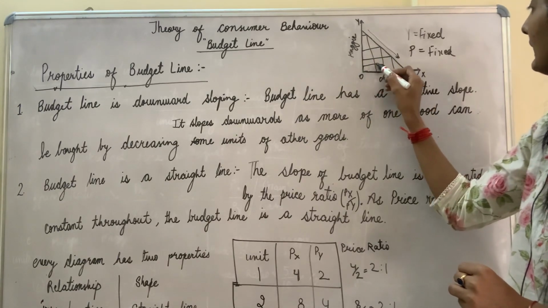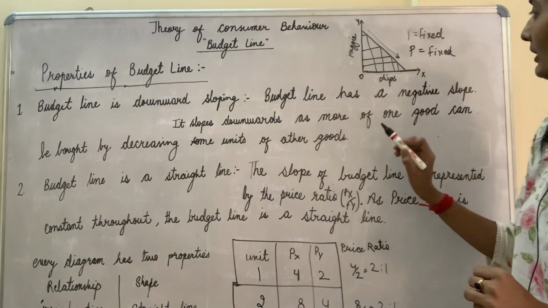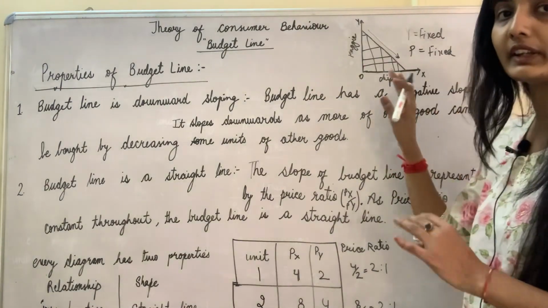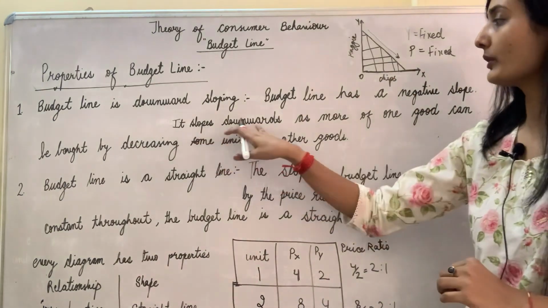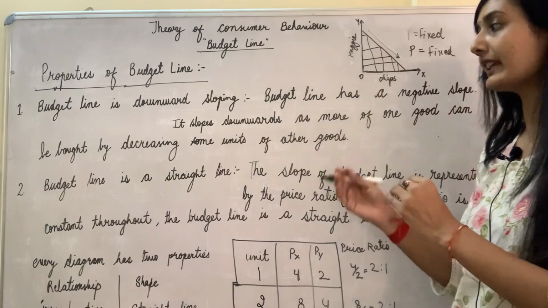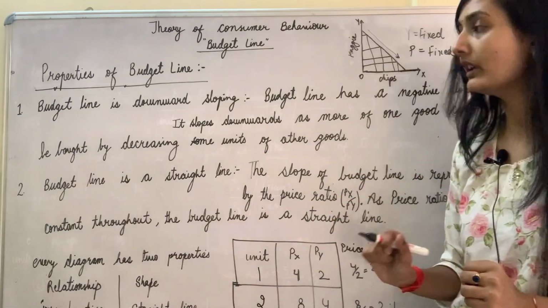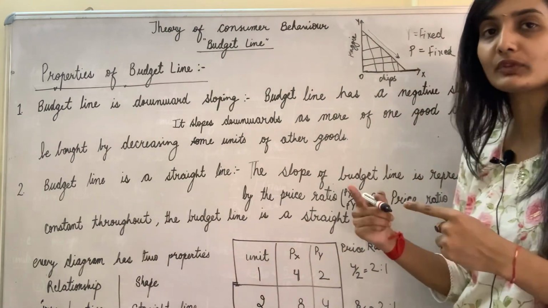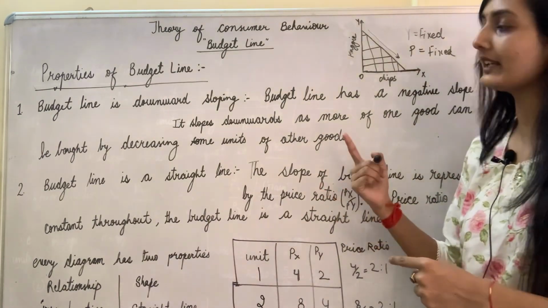This is the diagram where we can say that it has a negative or inverse relation. It slopes downwards as more of one good can be bought only by decreasing some units of the other good.